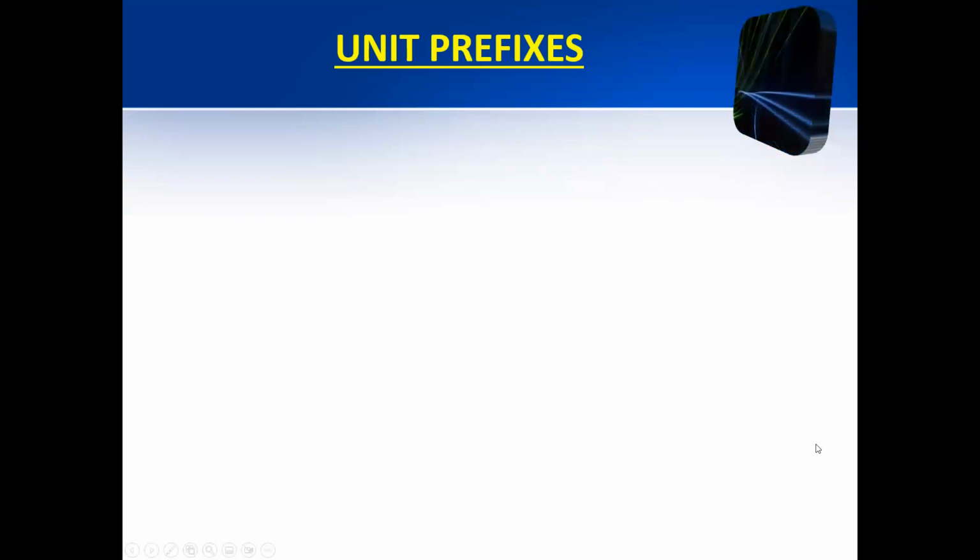Now, give this heading: unit prefixes. So are we done with unit 1? No, chapter 1 is continued.